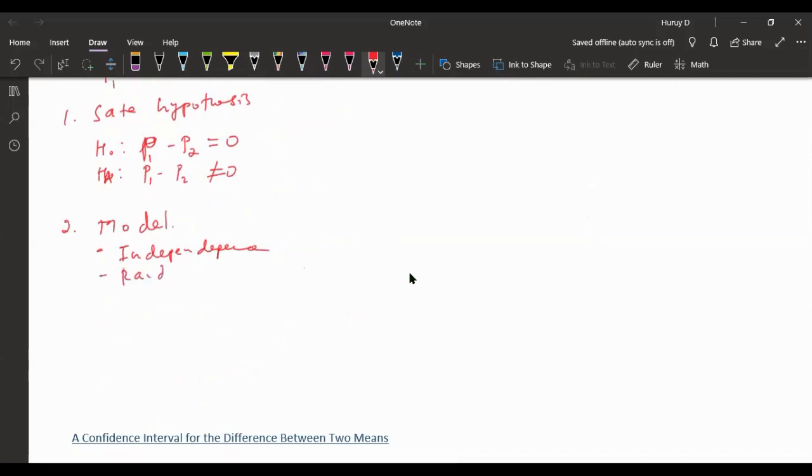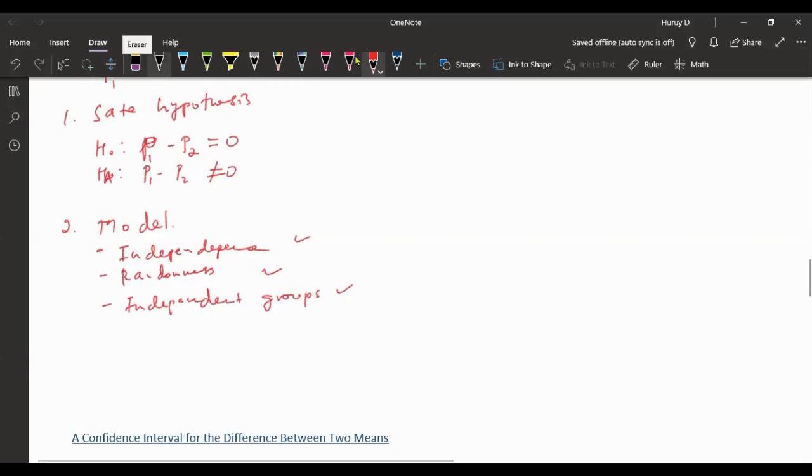So randomness, we have it, and the groups are independent.